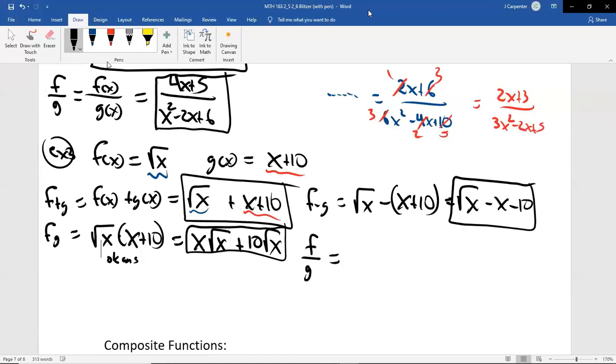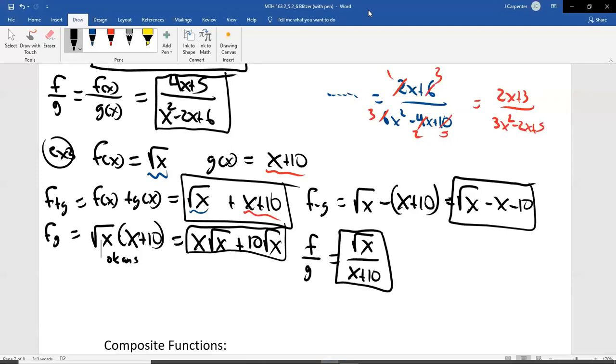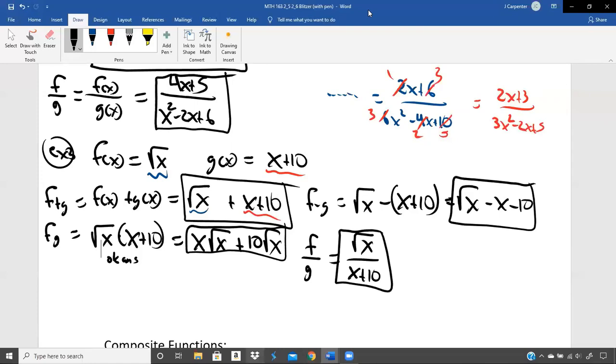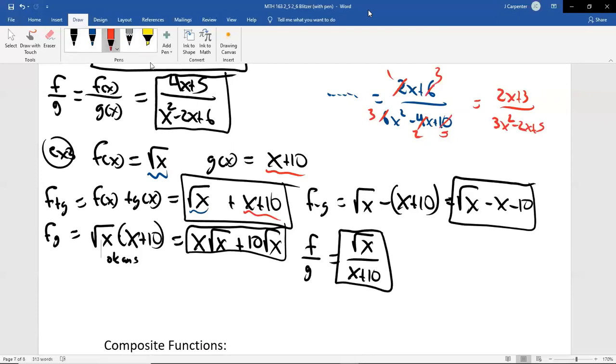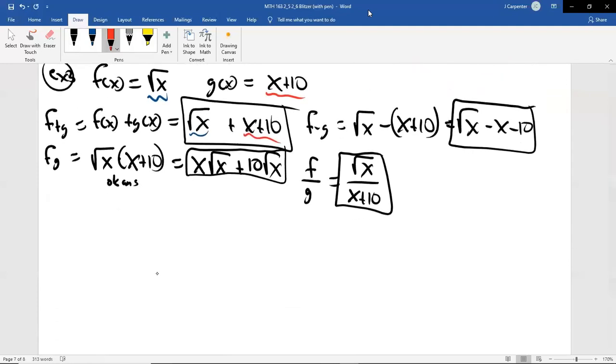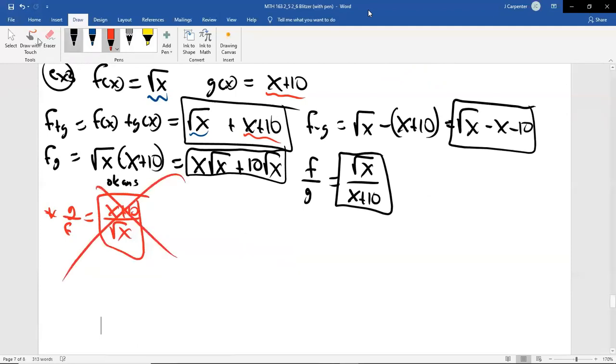Finally, f over g would be the square root of x over x plus 10. Again, literally, you can't do anything to that. But I do want to point out that if it had been upside down, g over f, that would have been x plus 10 over square root of x. If you box this up, it's wrong.